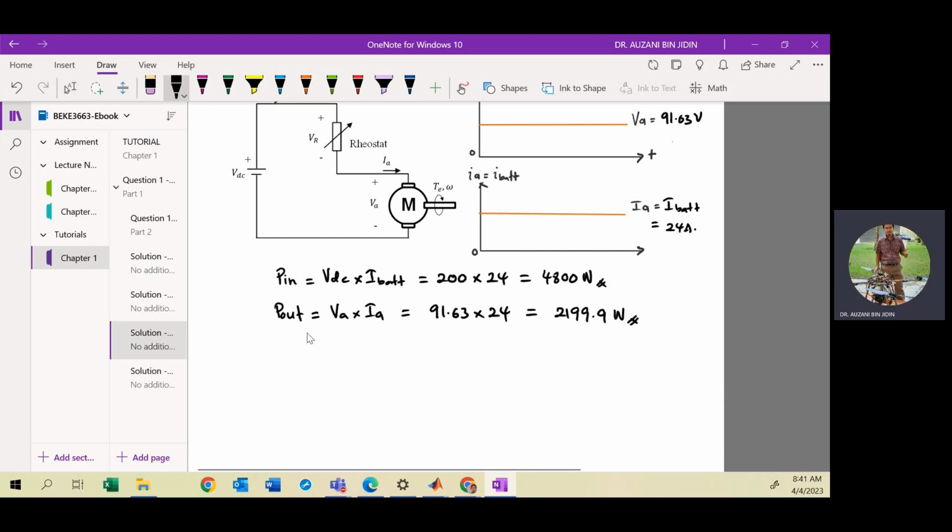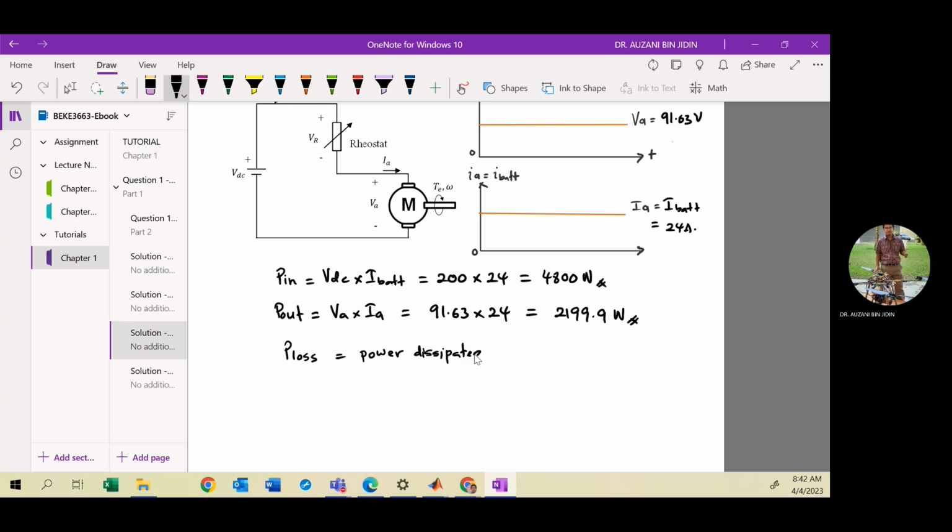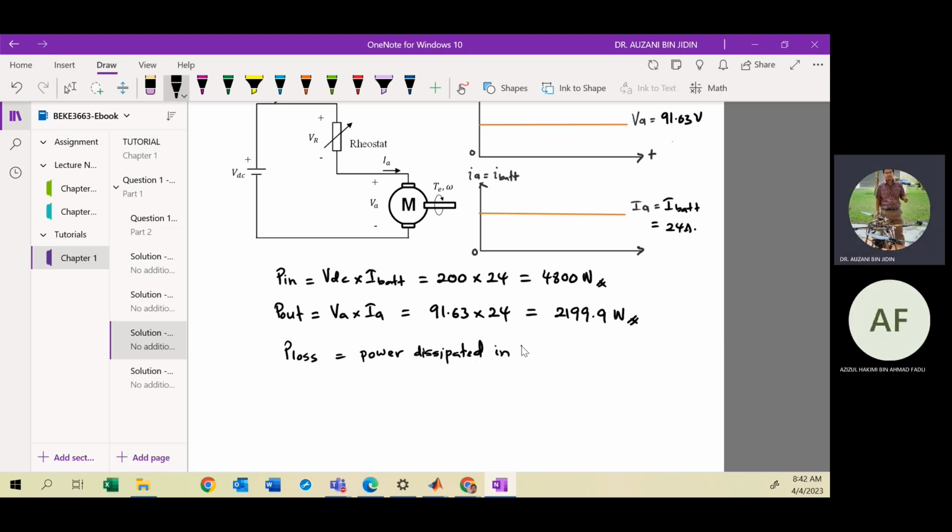From here you can calculate the losses, the power dissipated in the rheostat.